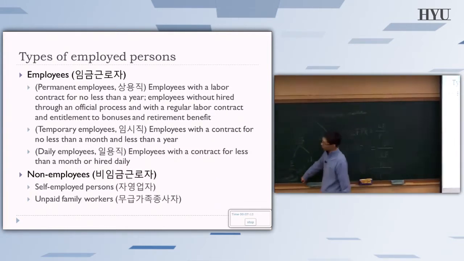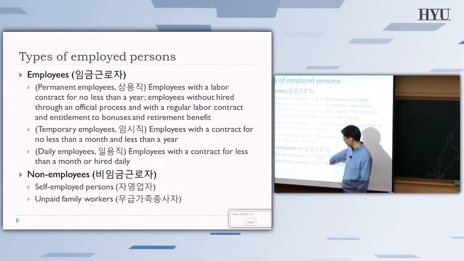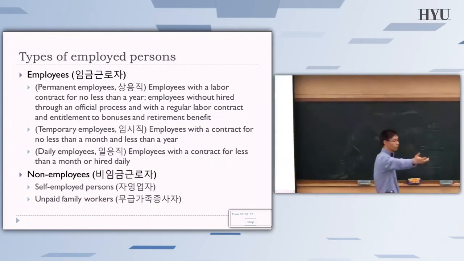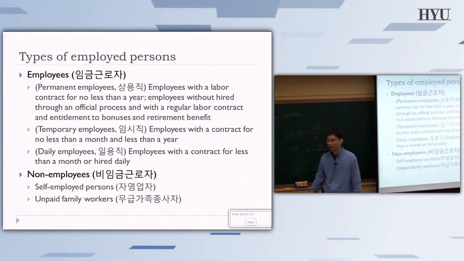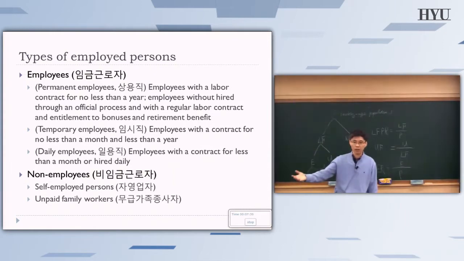Among the self-employed, sometimes we divide between employer and own account worker. An employer is self-employed and hires somebody, so you pay wages to someone else. But lots of self-employed persons do not have any employee.